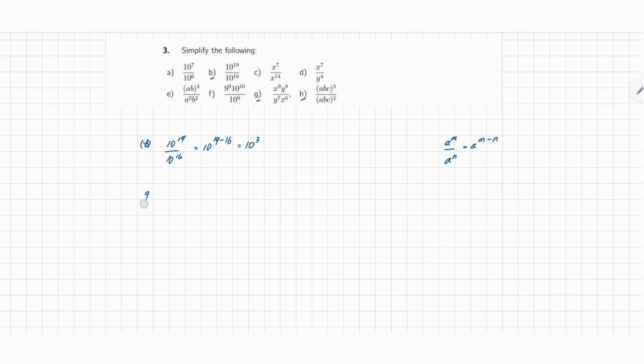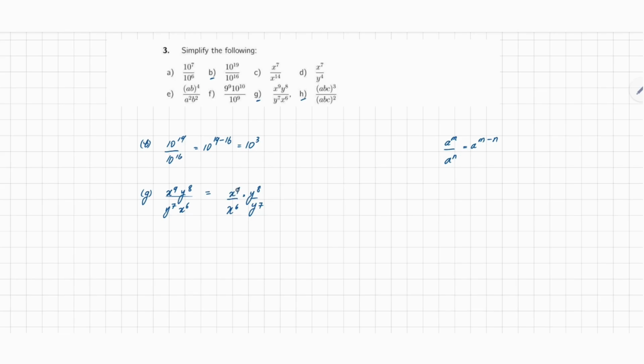For question G, we have x to the power 9 times y to the power 8 divided by y to the power 7, x to the power 6. We can rearrange this to give us the following expression. Now we have similar bases, and we can use this law again.